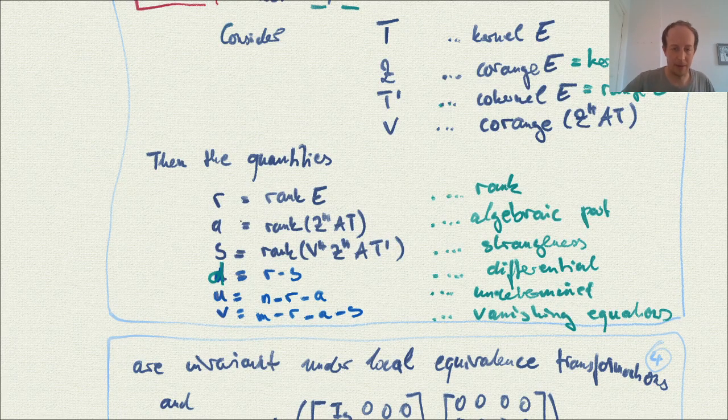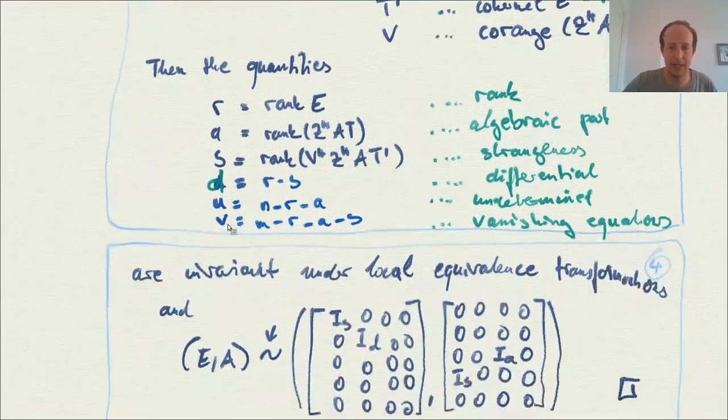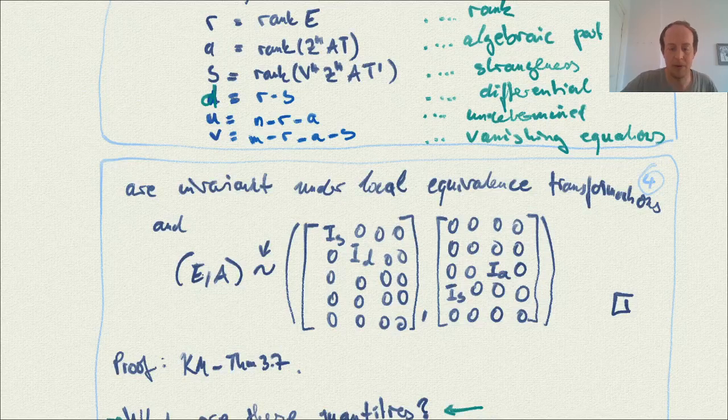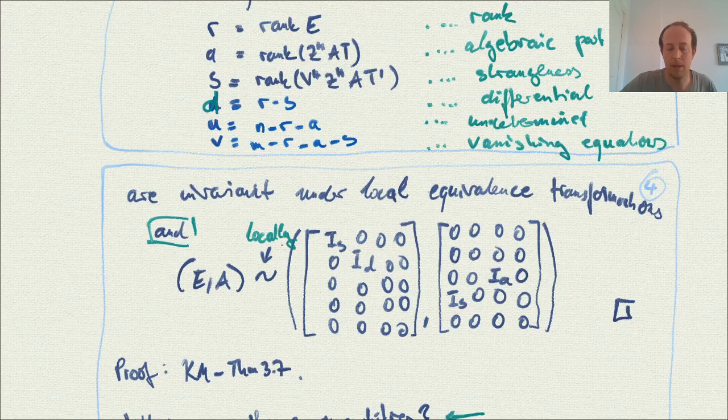Okay, and so what the theorem says is that these R, A, S, D, U, and V are invariant under local equivalence transformations. So we can transform E, A and then we will always get R, A, S, D, U, V to be the same numbers. And what the theorem also says is that the E and the A can be locally made similar to this form.